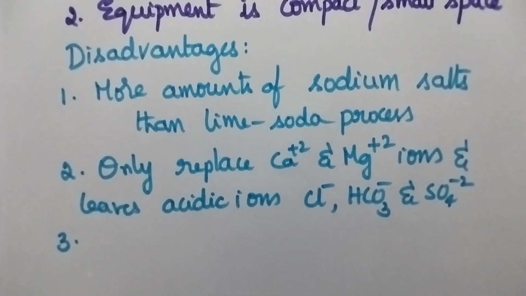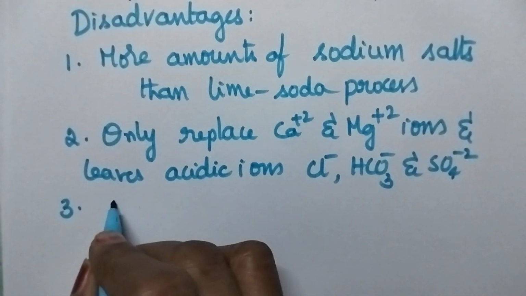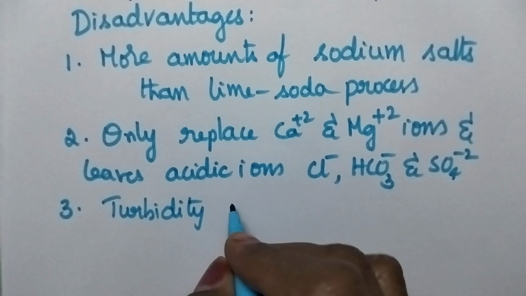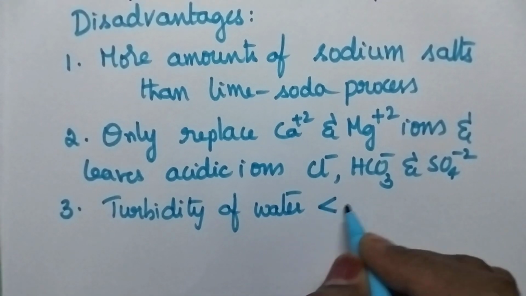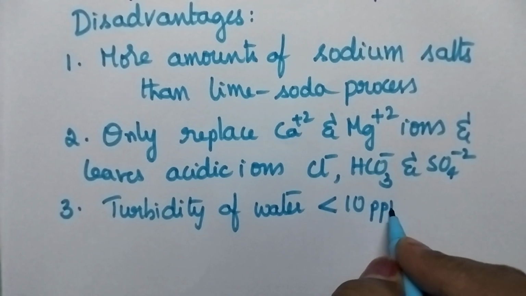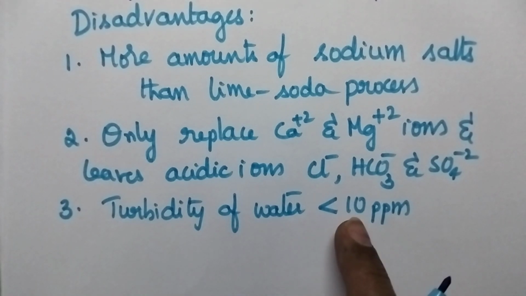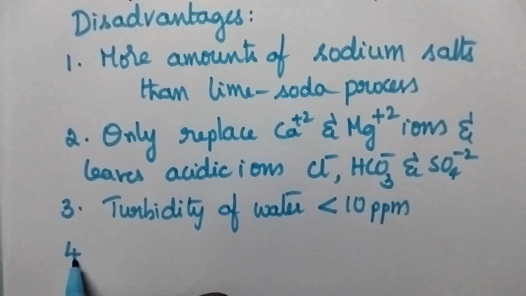This zeolite bed being porous in nature, that's why the turbidity of water should be less than 10 ppm. Zeolite bed is porous and hence turbidity of the water should be less than 10 ppm. Then only the hardness can be removed.